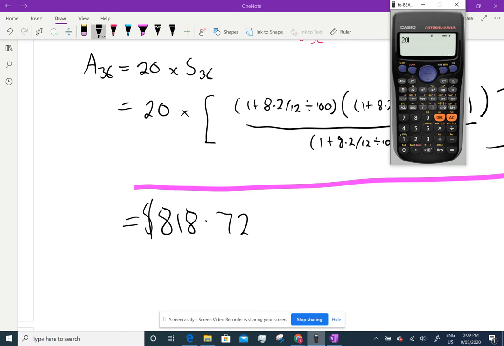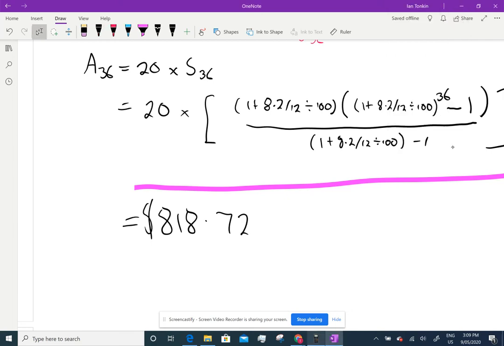So I'm just going to go 20 times bracket fraction answer, times bracket answer to the power 36, minus 1, close that bracket, come downstairs, my answer minus 1, get to the end, close that bracket. I should have done that. All right, so there you go.